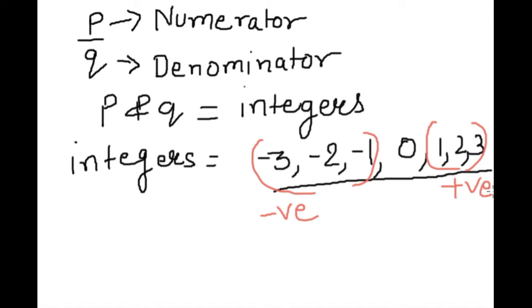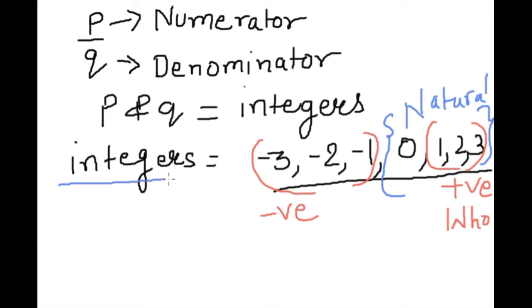These positive integers, including 0, are also called whole numbers, and the numbers starting from 1 are natural numbers. So this is called integers.